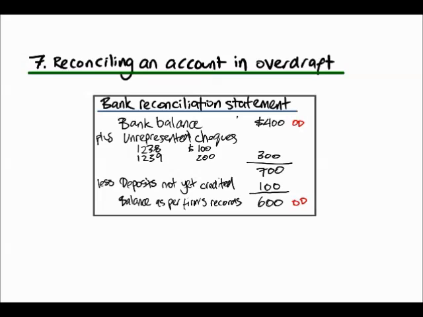The next thing is you look at the ones that haven't been ticked. Any of the ones from the cash receipts and cash payments journal that haven't been ticked need to go onto the bank reconciliation statement. Any from the bank statement that haven't been ticked need to go into the cash receipts journal or the cash payments journal.